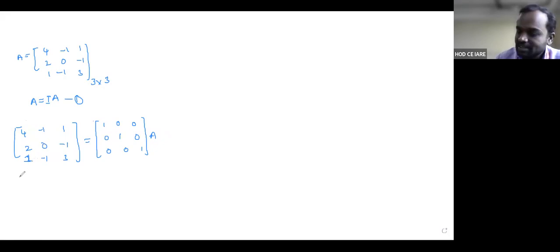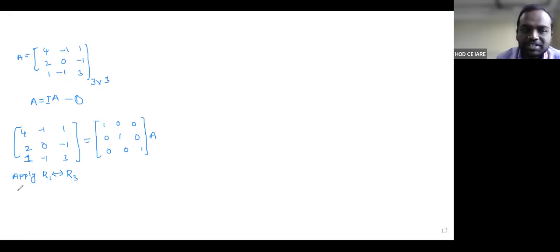First I will apply the interchange R1 interchange R3.